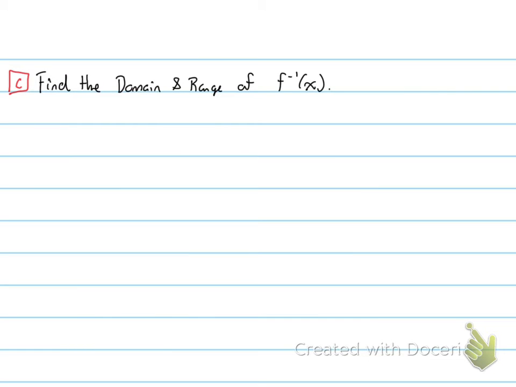In part C, now I want to find the domain and range of my inverse function. So again, my inverse function is f negative 1 of x equals x squared plus 2. What you want to focus on here is your original domain and range. In my original f of x function, my domain was x is greater than or equal to 2, and my range was y is greater than or equal to 0.